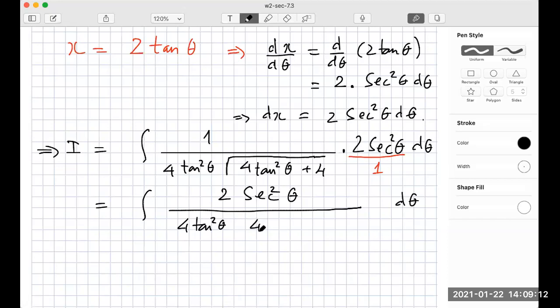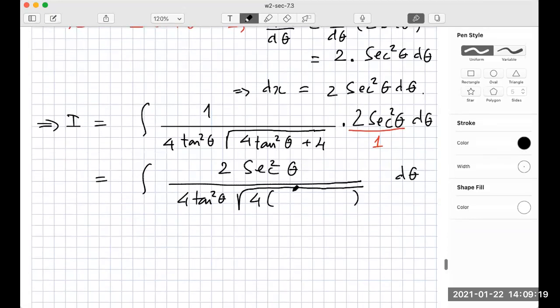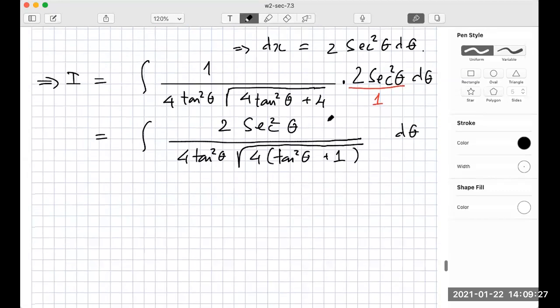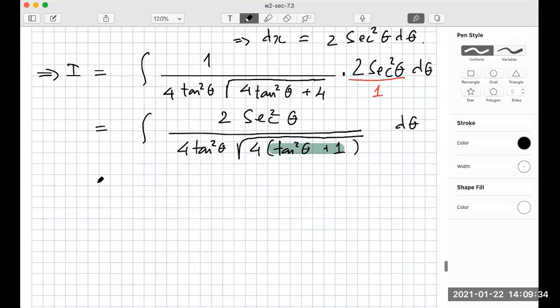And if we factor 4 out, what do we have inside? Very good, tan squared plus 1. And this guy, what is it? Secant squared. Good. So it is 4 times secant squared.